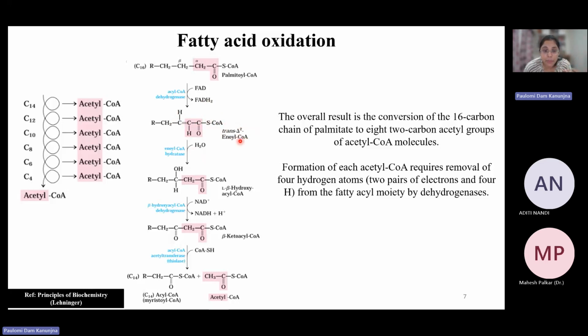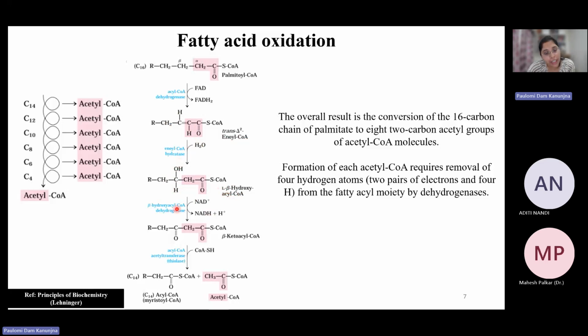Now the next enzyme is enoyl coenzyme A hydratase. So you're basically adding water. Keep tracking the pink shaded area. As you add water, you have OH here and H here. So this becomes L-beta-hydroxyacyl coenzyme A. The double bond is lost and you have a C-OH, an H and a CH2, right?